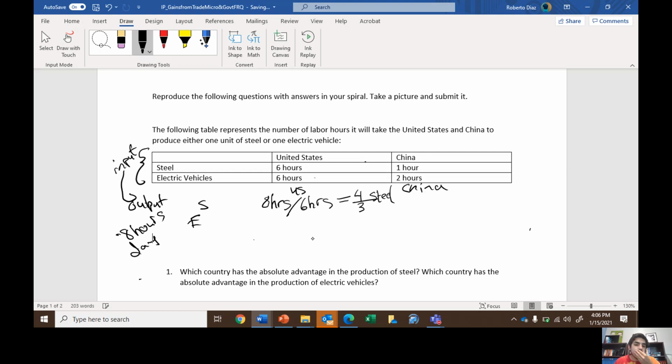or 1 1/3 units of steel. Do the same for China. How many units of steel can they produce in an 8-hour workday? 8 divided by 1 gives 8 units of steel.